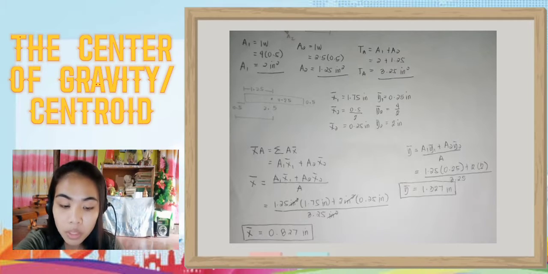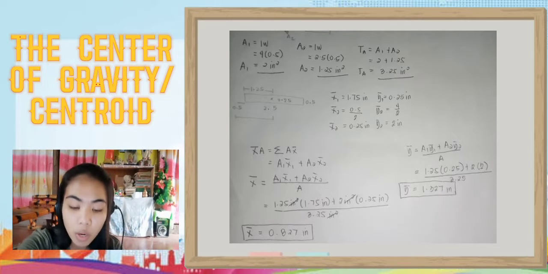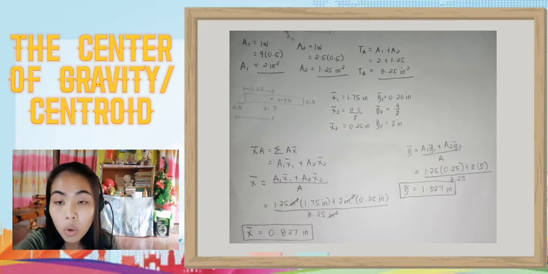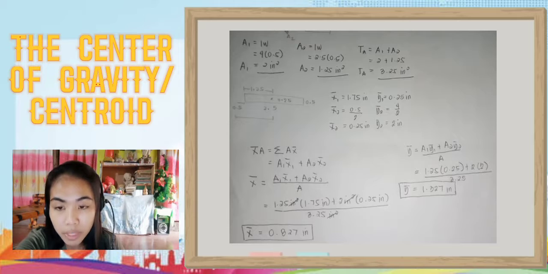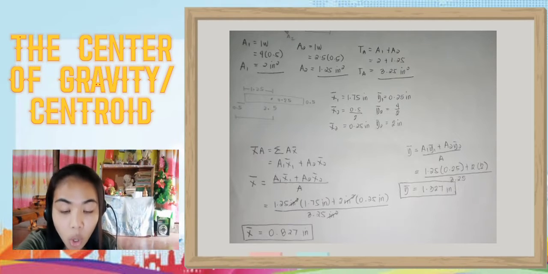For y bar naman, same lang din yung formula na gagamitin, pero yung gagamitin natin is ang value ng y bar sub 1 at y bar sub 2. So, yung area 1 at area 2, same lang ang values nun. So, area 1 times y bar sub 1 plus area 2 times y bar sub 2 all over the total area. So, 1.25 times 0.25 plus 2 times 2 all over 3.25.